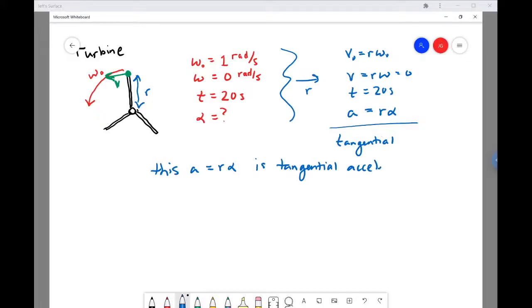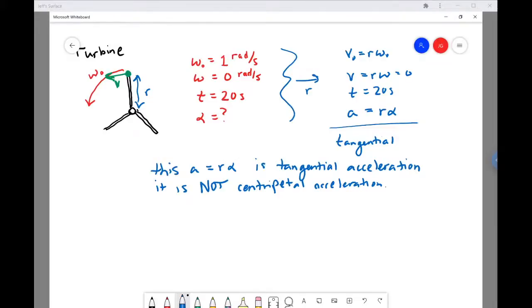It's how quickly a point on the wheel, on the turbine, is slowing down in units of meters per second squared. It is not centripetal acceleration. Remember centripetal acceleration? Those are two separate things.